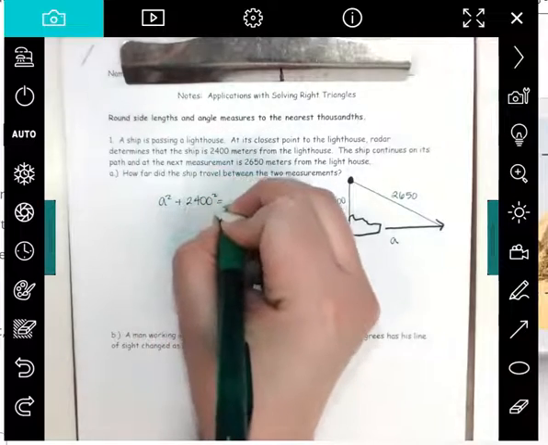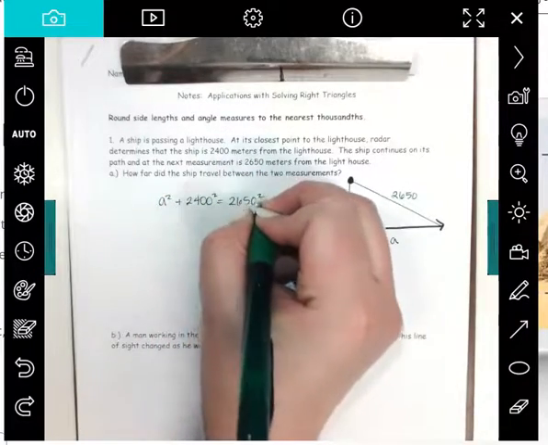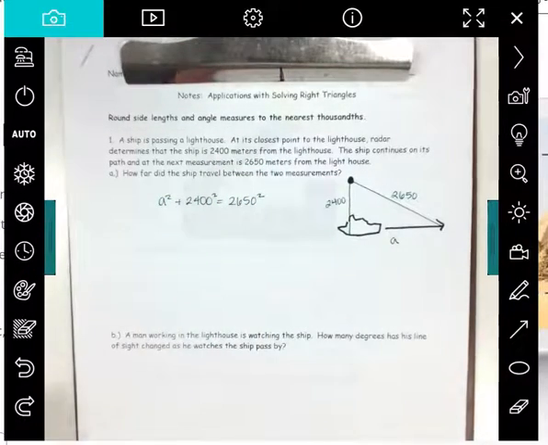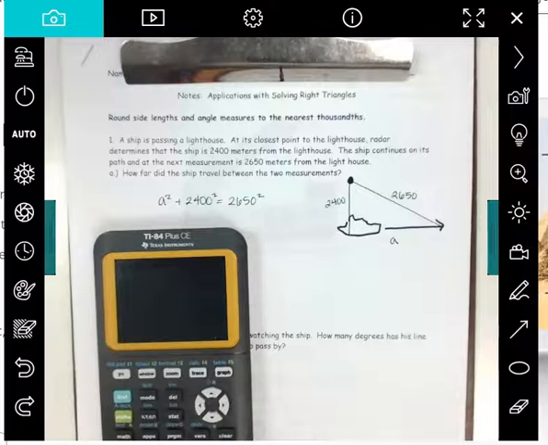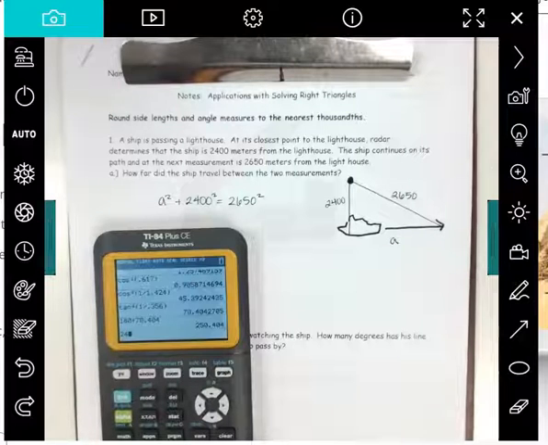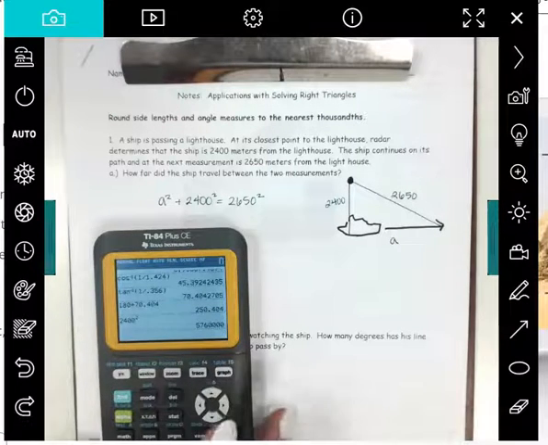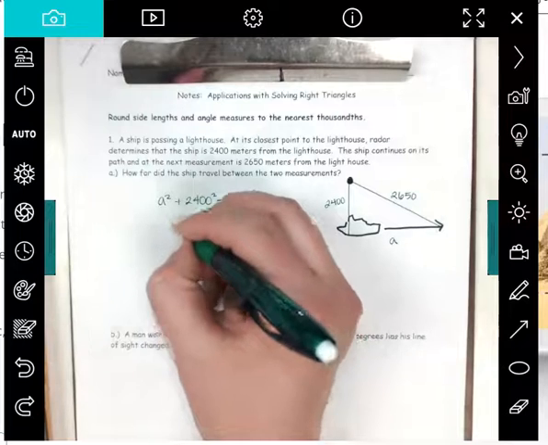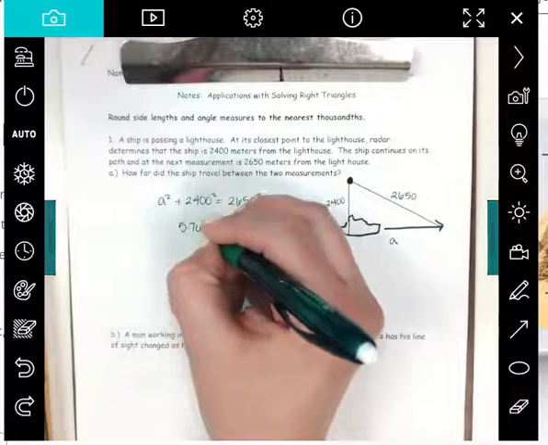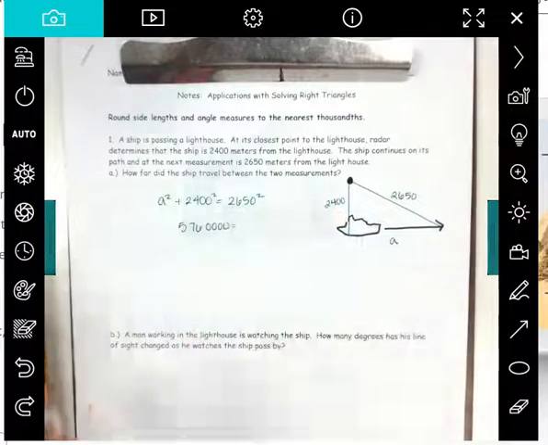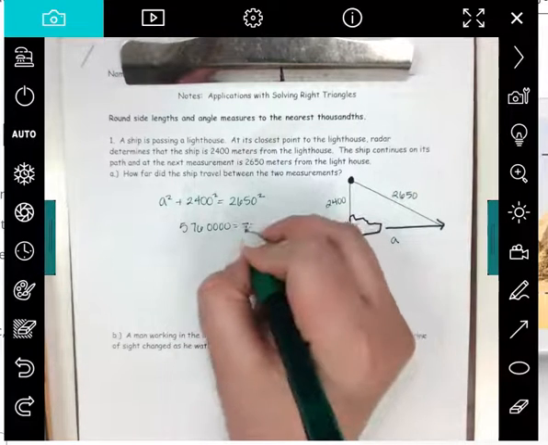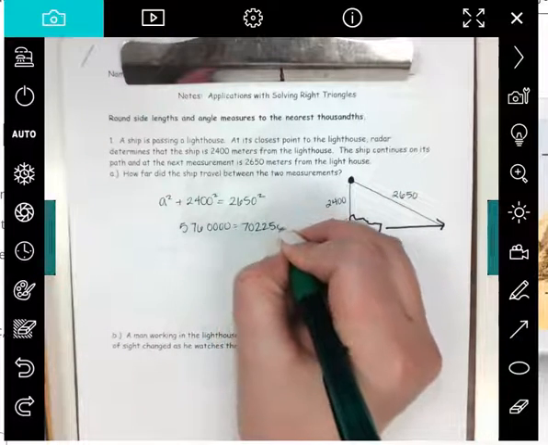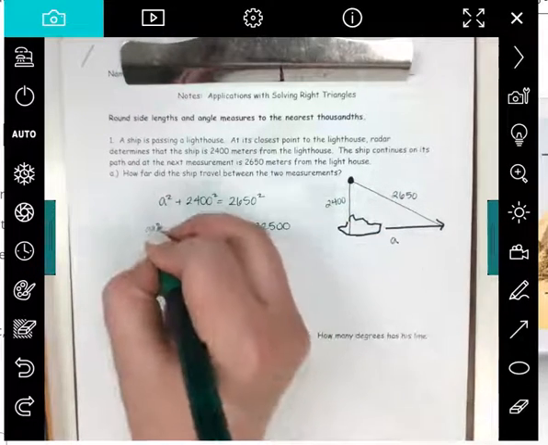2,400 squared equals 2,650 squared. So we'll do a squared plus 2,400 squared is 576,000. 2,650 squared gives me... Yup.